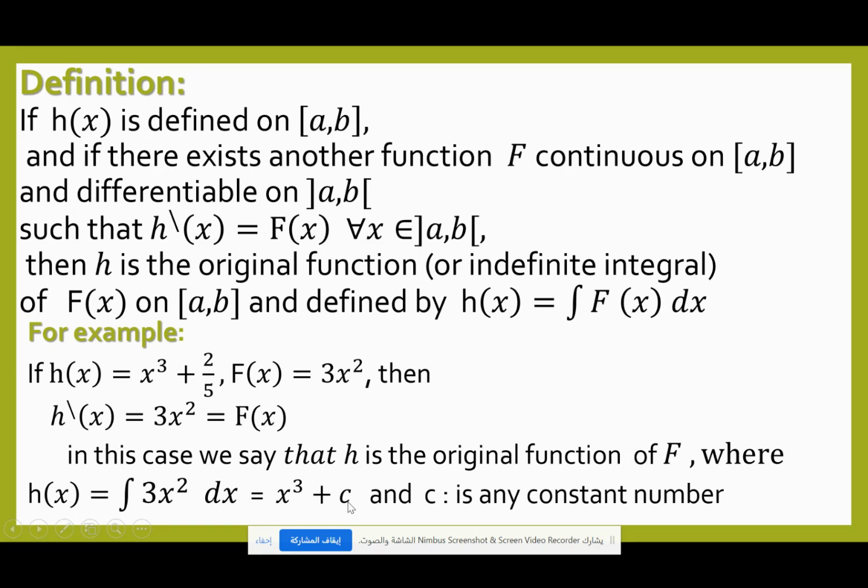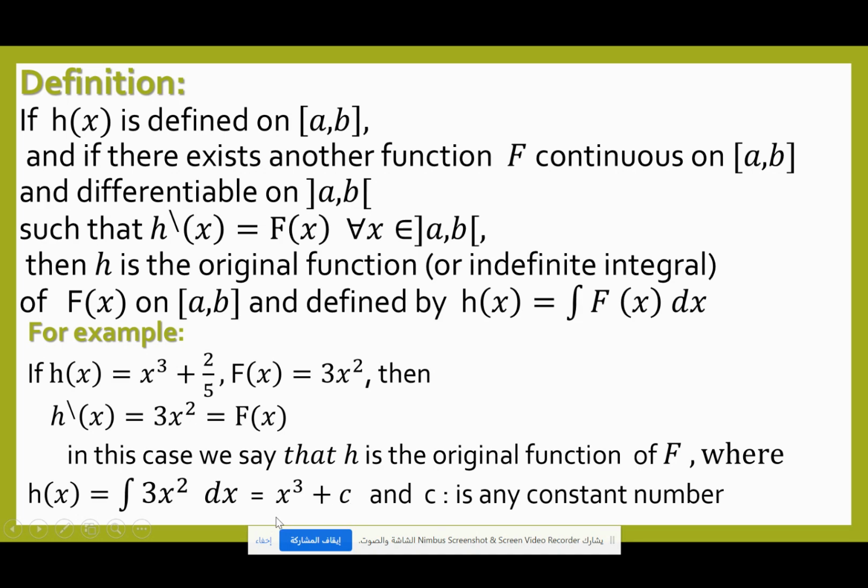C means the constant, which can be any constant you can imagine. But because we don't know what the constant was, we write a plus c. It is not clear here because it becomes 0 after we derive it. So to return it back how it was, we don't know what it was. Because of that, we write a plus c.